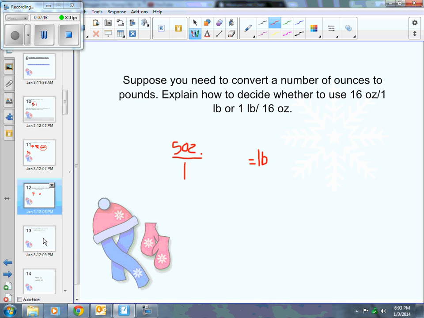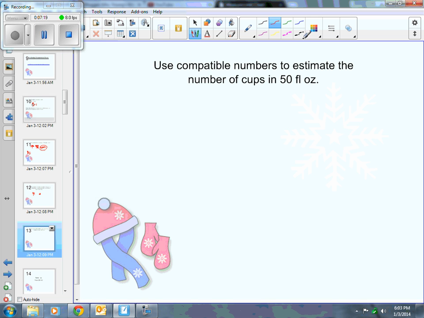I also want to use compatible numbers to estimate the number of cups in 50 fluid ounces. This is an estimation problem that you'll probably run across a lot. You need to look back at that table and figure out how many ounces are in a cup. You should figure out that for every 1 cup, we have 8 ounces.